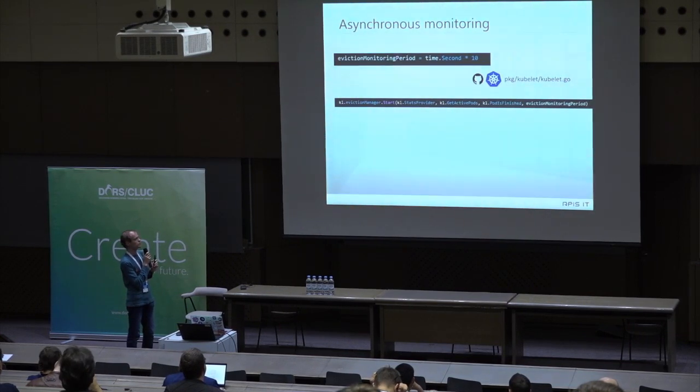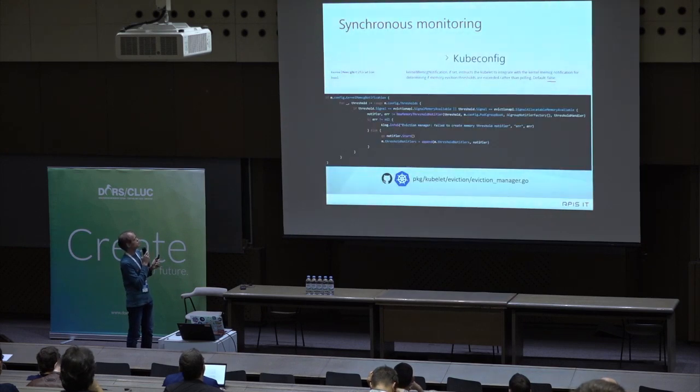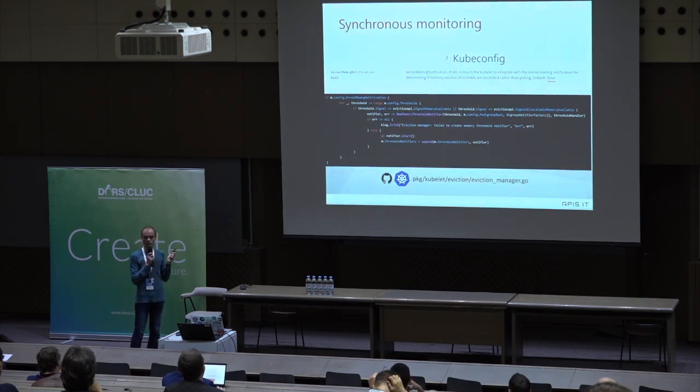So we can use something that is turned off by default in Kubernetes for some strange reasons, and it's the kernel memcg notification. By default it is false. If it is true, it will create everything we saw on the previous slide.